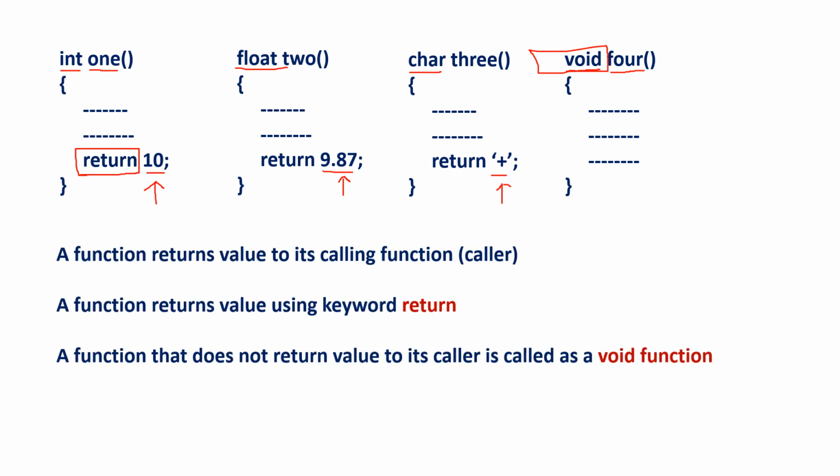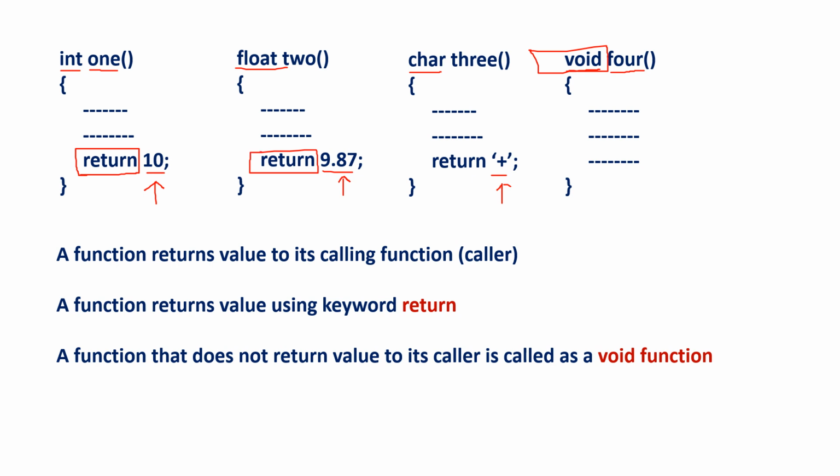Now we see some points. A function returns a value to its calling function. The calling function is also called the caller. A function returns a value using the keyword return. We are using the keyword return in order to pass a value, in order to send a value.